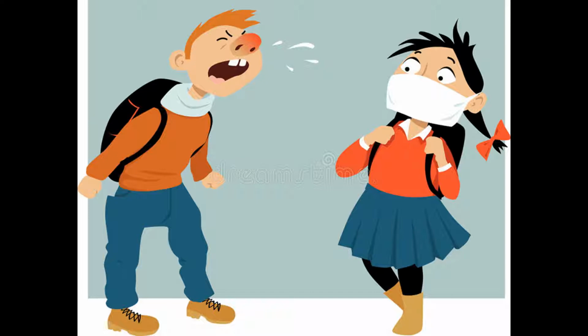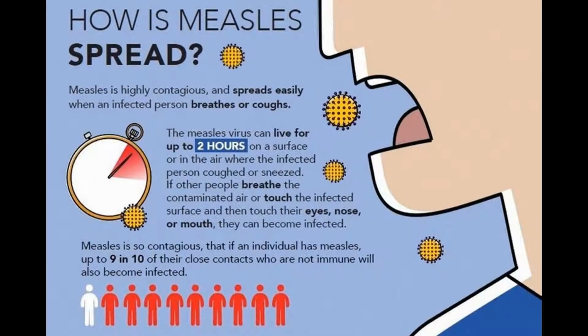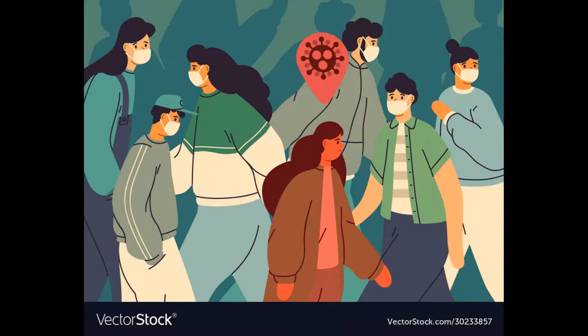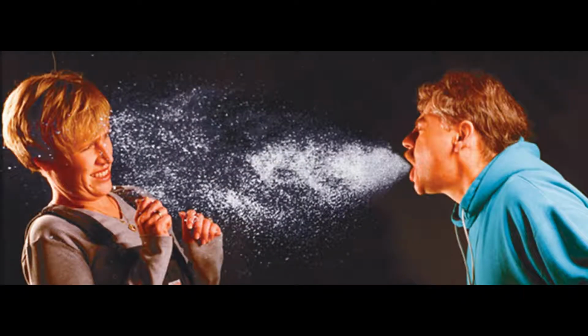Pwede siyang ma-transmit through sexual intercourse, like those of sexually transmitted diseases, or measles, mumps, or streptococcal infections, and many other respiratory pathogens. So, pag yung agent na-transmit from person to person, nabubuild up yung tinatawag natin na human reservoir. Yun yung ibig sabihin po nun.